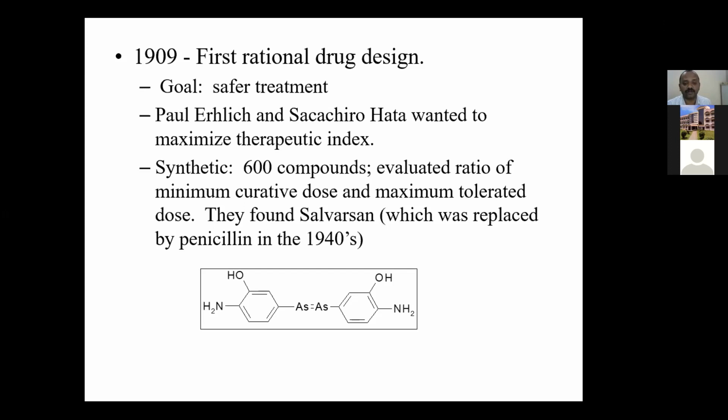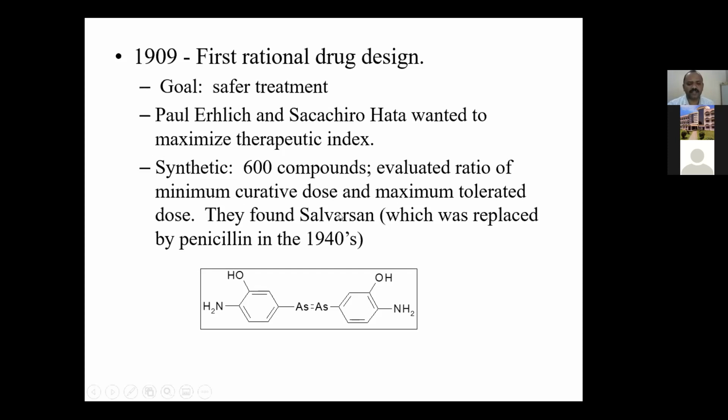In that context, they synthesized a large number of compounds, some 600 compounds, and evaluated the ratio of the minimum curative dose to cure the disease and the maximum tolerated dose. By determining the therapeutic index this way, they found salvarsan.